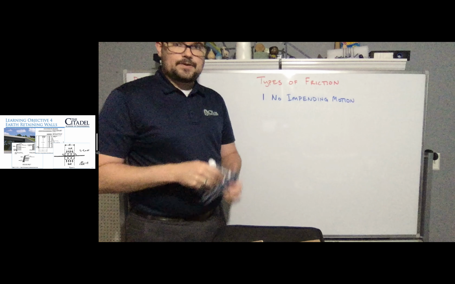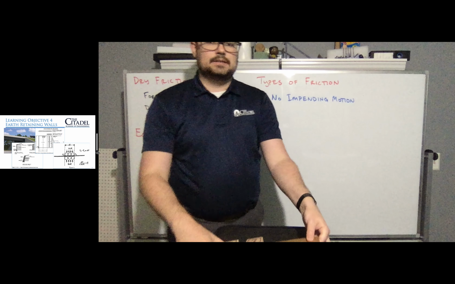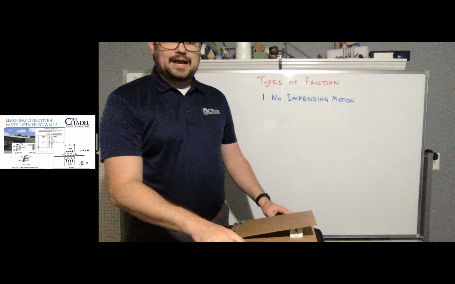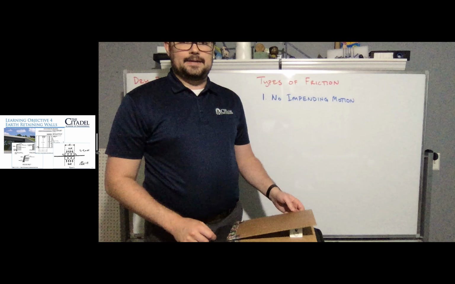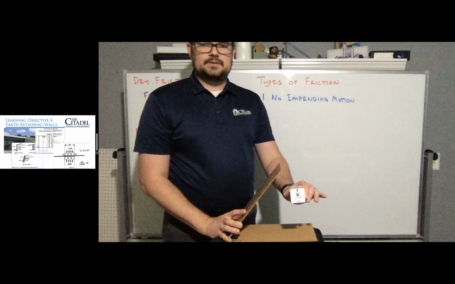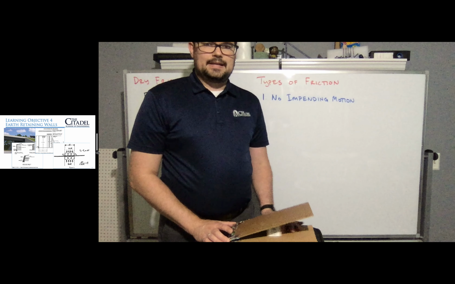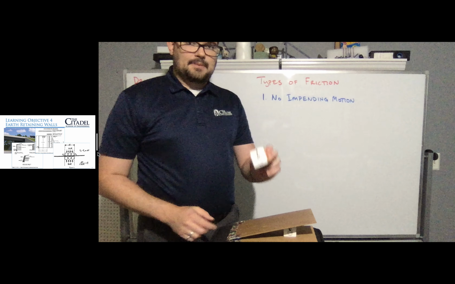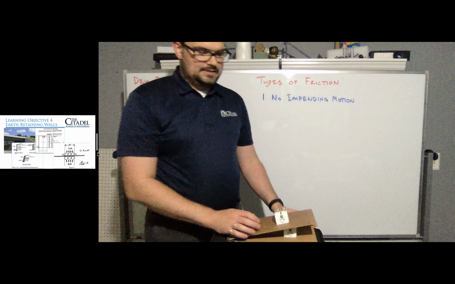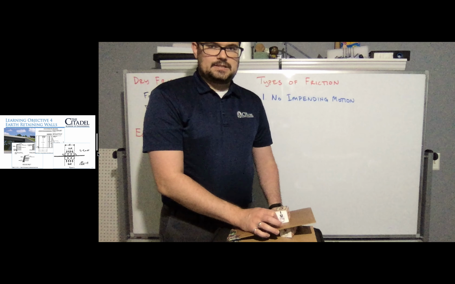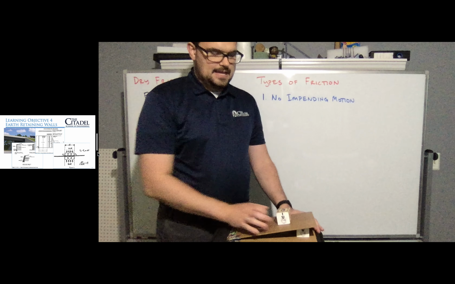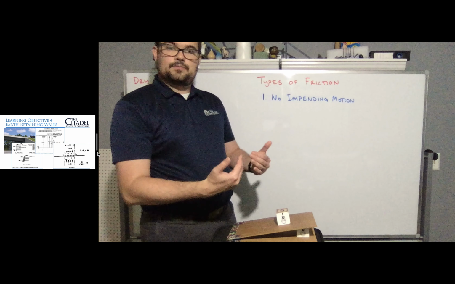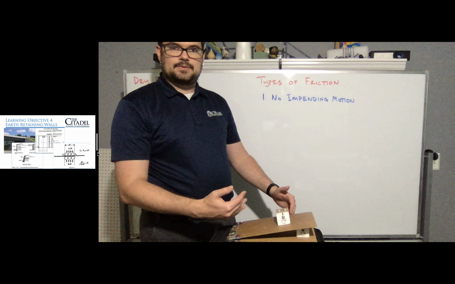Okay, let's create a friction problem. Right here, I think you can just barely see on the bottom of the screen, I have a little ramp, and a little block with a spike on there that can increase the angle of the ramp. I've got some other blocks that I can put on the ramp. If I put this on the ramp, we've got the weight, and the normal force acting perpendicular to the ramp, like a roller would.